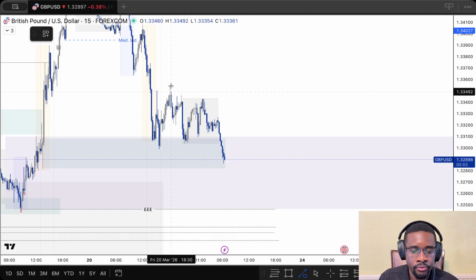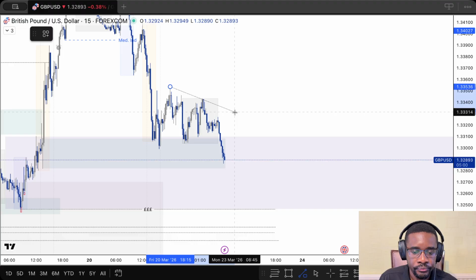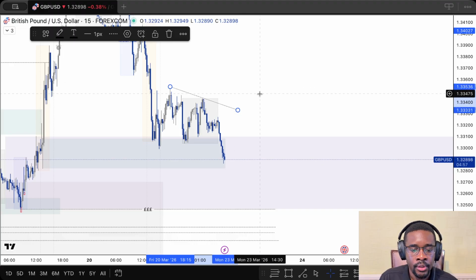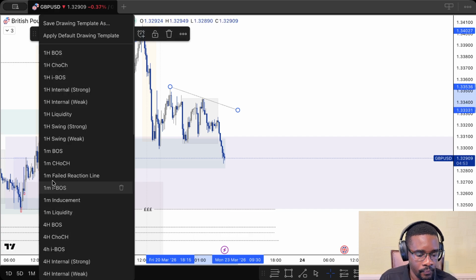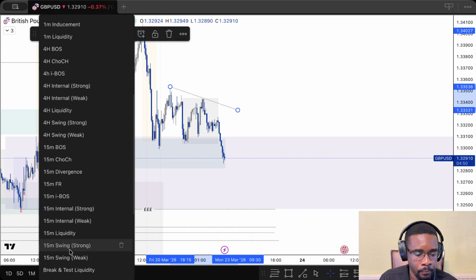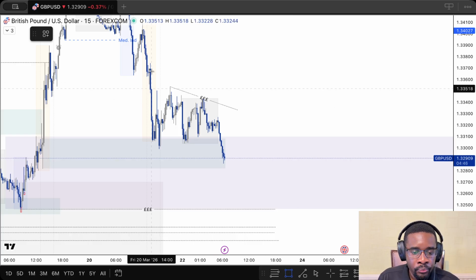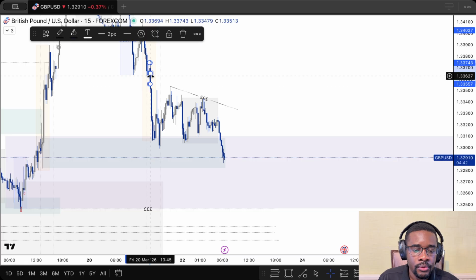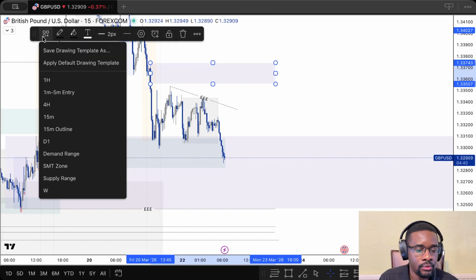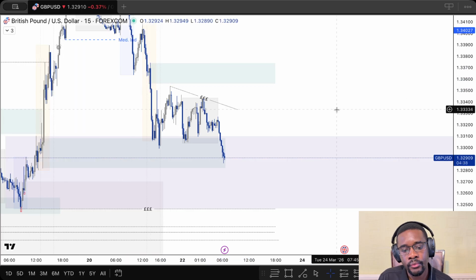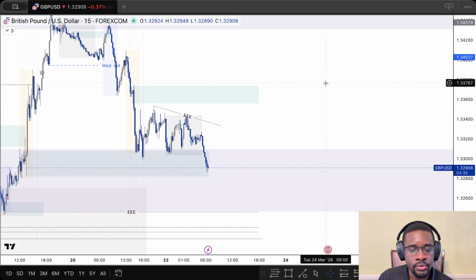However, we also have this trend line up here. And then this is the extreme of the zone on the 15 minute. That could be an area of interest.